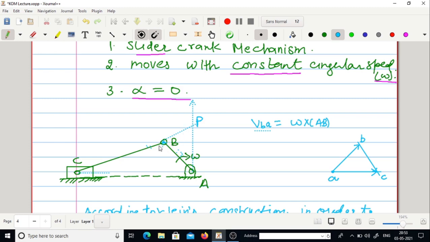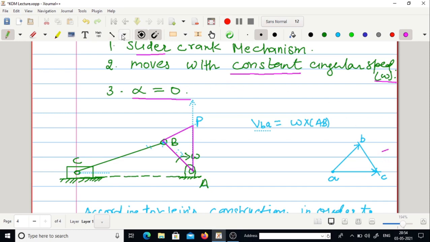Okay, so this particular triangle, as per Klein's, represents the similar velocity triangle as obtained by the relative velocity method.